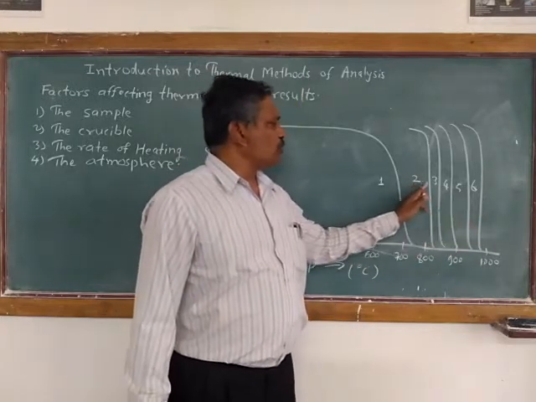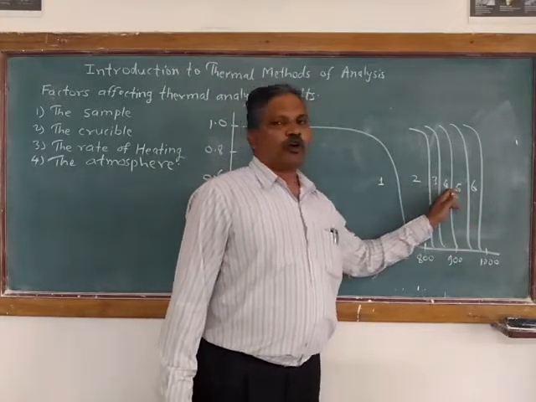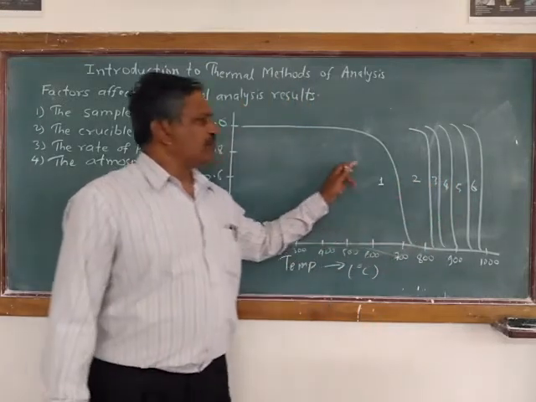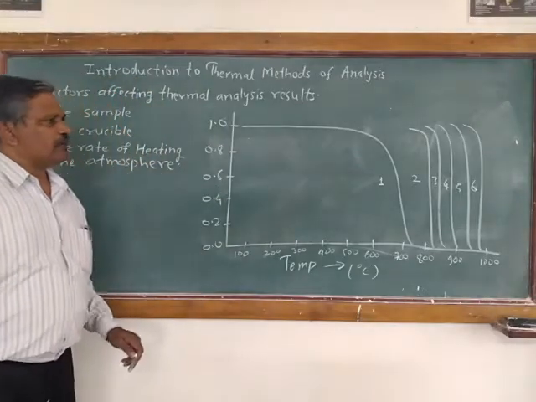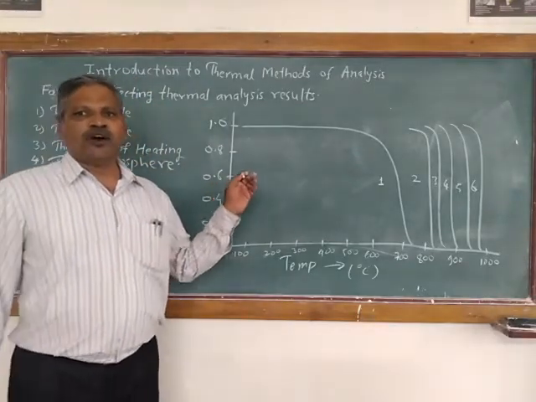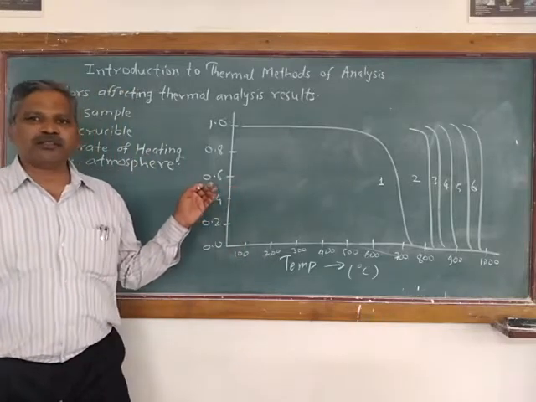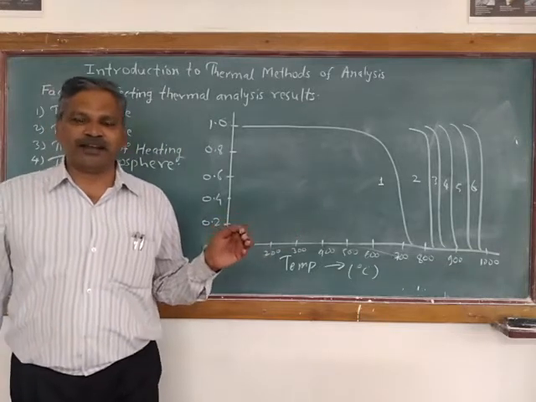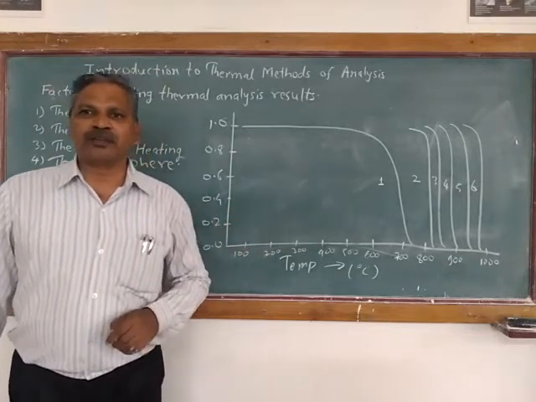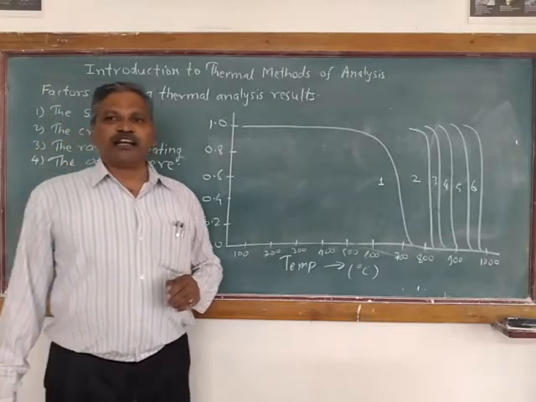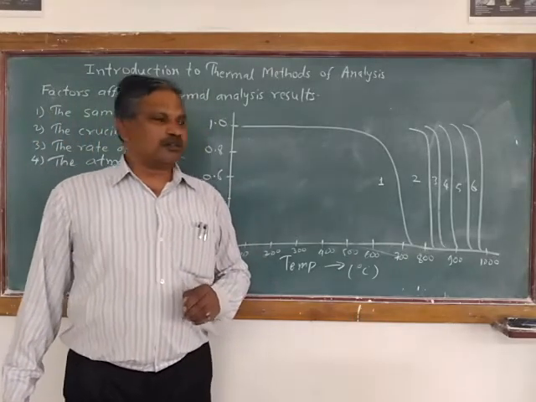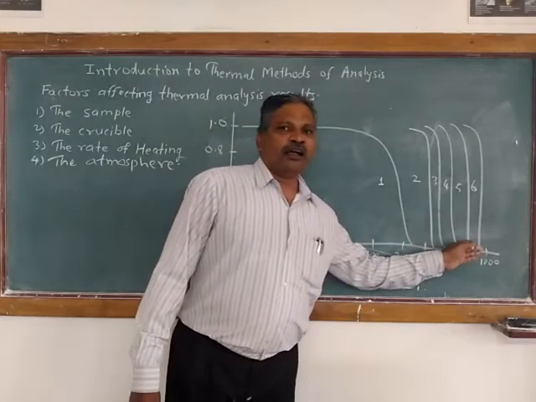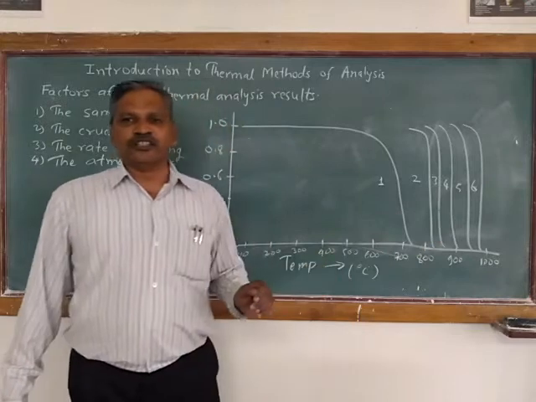For curves 2, 3, 4 and 5, a combination of carbon dioxide and nitrogen is used. From the study, you can clearly conclude that although calcium carbonate starts decomposing below 700 degrees Celsius in air containing little carbon dioxide, in a CO2 atmosphere at 1 atmospheric pressure, the decomposition does not occur until over 900 degrees Celsius.